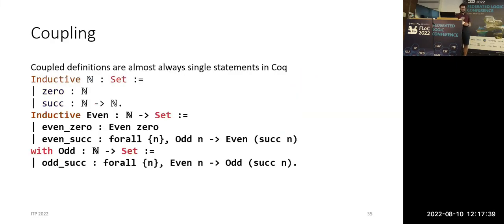In Coq, by contrast, you have this single statement ended by a period with a mutual inductive data type. This is a pattern in Coq that in almost all cases, when you have coupling between different definitions, they show up largely as single statements. You can't insert other definitions between even and odd.